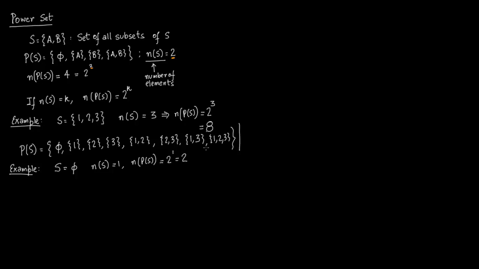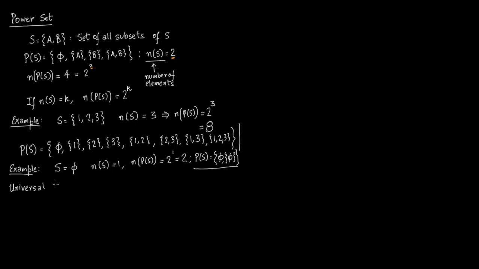Notice how we write the power set. The power set is also a null set, but we have elements written like this. Notice how I am writing this. This is important to notice. It's kind of a convention.